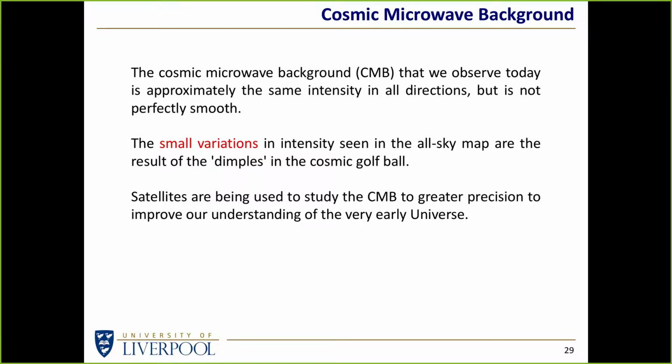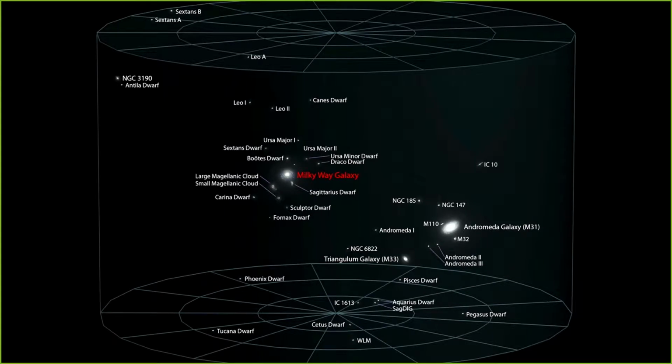If we look at our local area around the Milky Way galaxy, it doesn't seem to have any particular structure when we look at our locality. There's the Milky Way in the middle, and we've got the Andromeda galaxy there on the bottom right, and various other small satellite galaxies, the Triangulum galaxy near the bottom there.